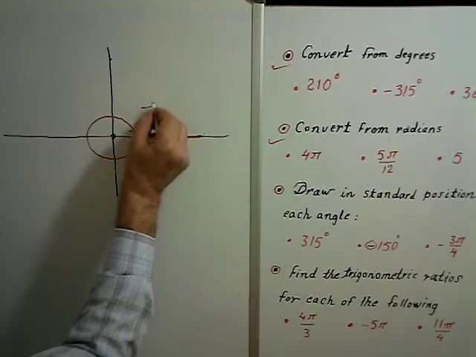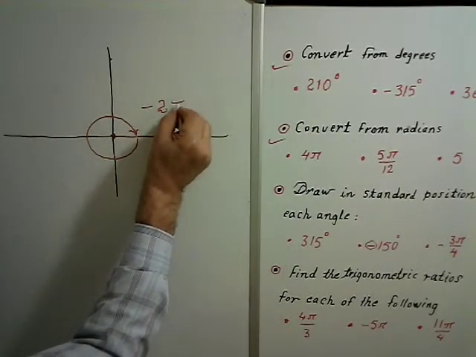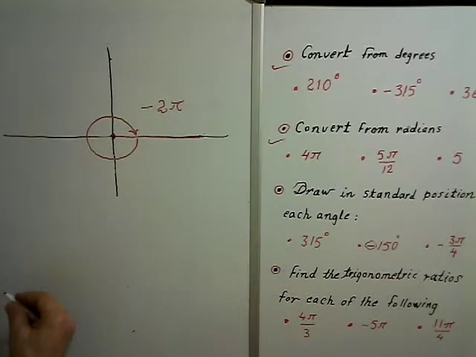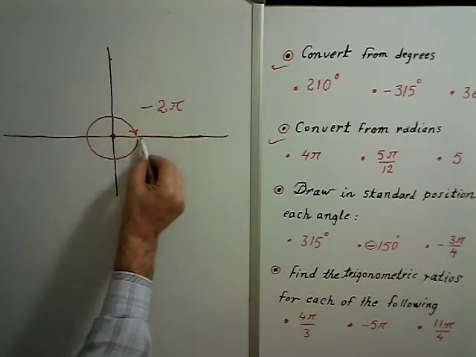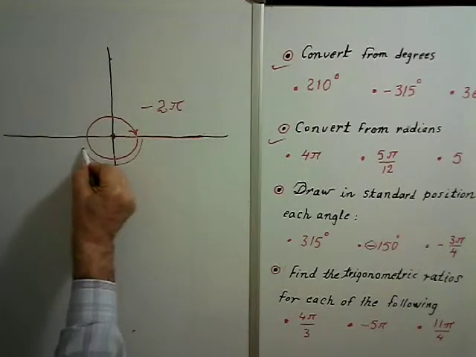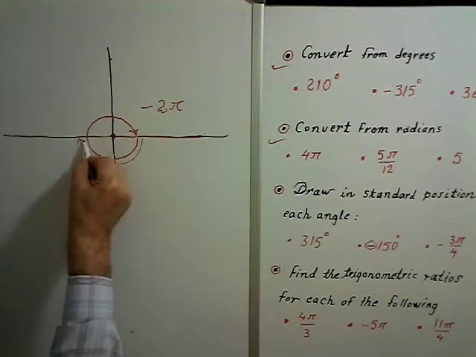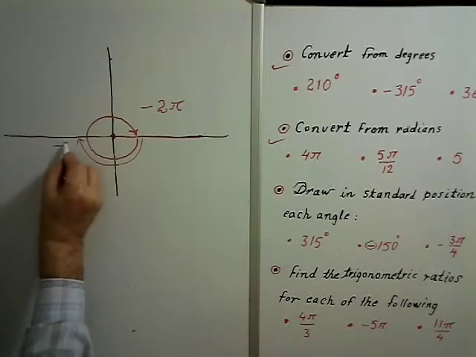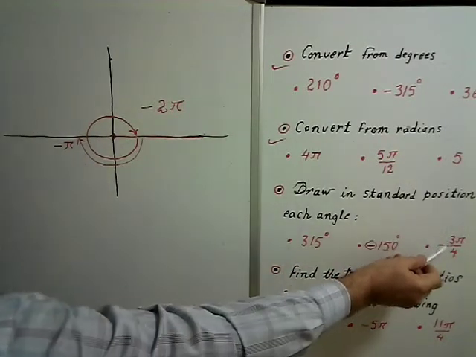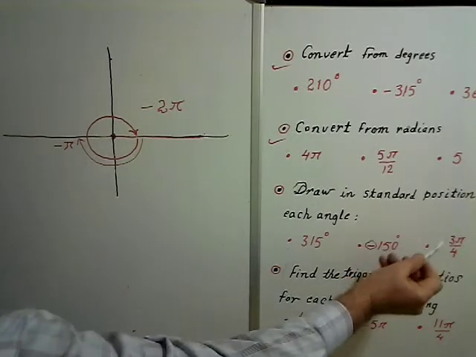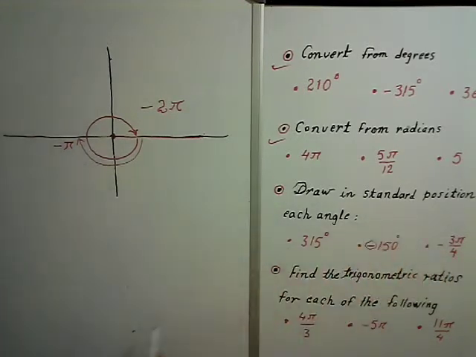This is negative 2 pi because it is a complete revolution. Now we need half revolution, that means just negative pi, like here. Here negative pi. When you look here, it is less than 1 pi. It's 3/4 of pi.